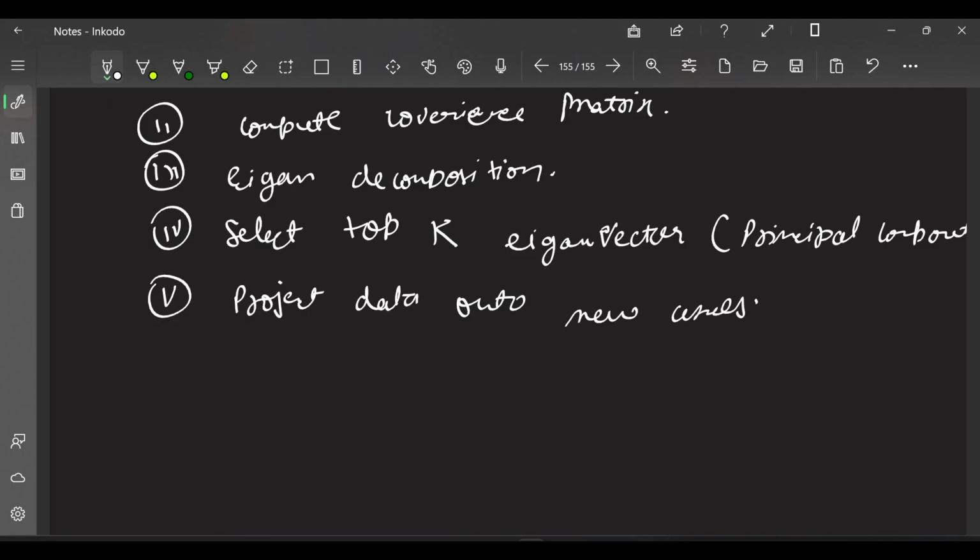Okay, so the math behind is that we have to find the variance captured by the principal component, which is equal to the eigenvalue divided by total variance.